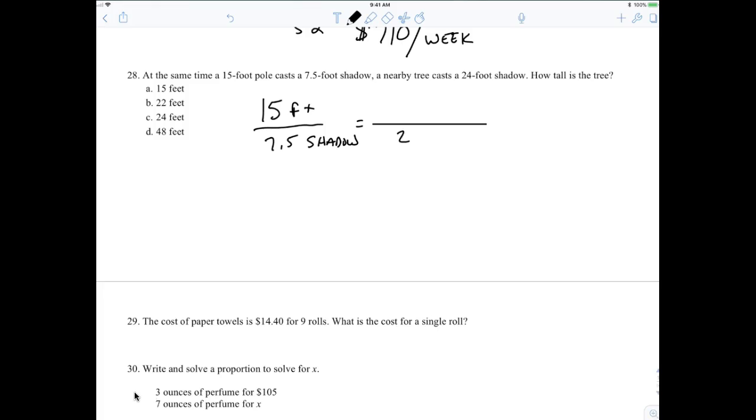That is correct. And x would be on the top. All right. Now when we cross multiply, we end up with 7.5x equals 15 times 24, which is 360. Divided by 7.5. And 48. Is that right? 48? Yes. 48.